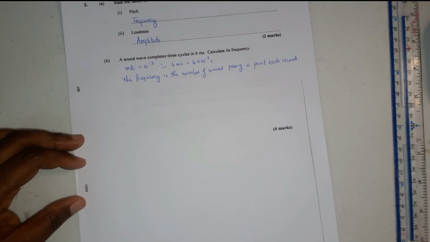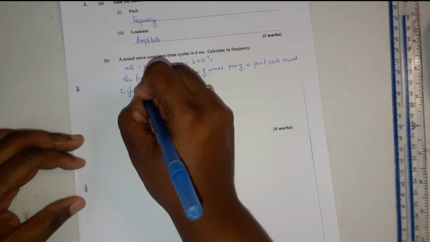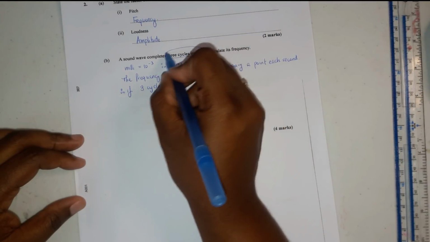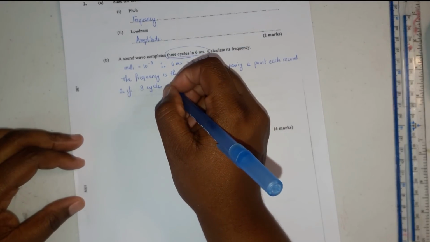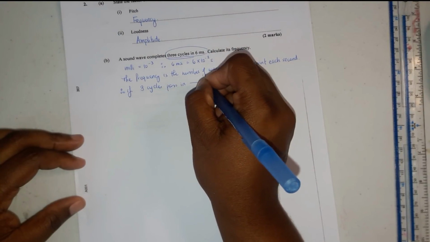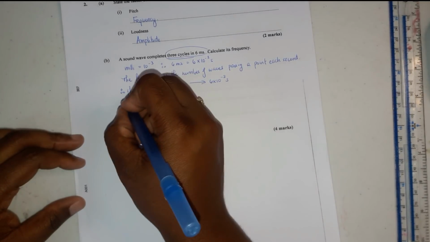Okay, so now we know that we could say, 3 cycles, according to the question, it says 3 cycles in 6 milliseconds. So 3 cycles pass in 6 times 10 to the negative 3 seconds.